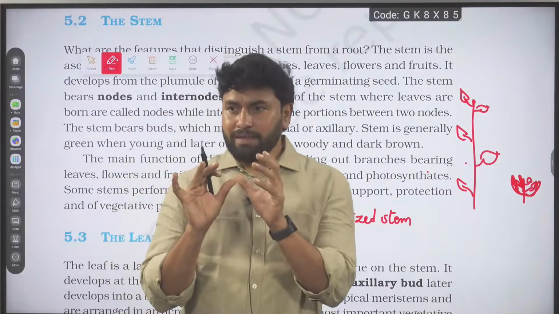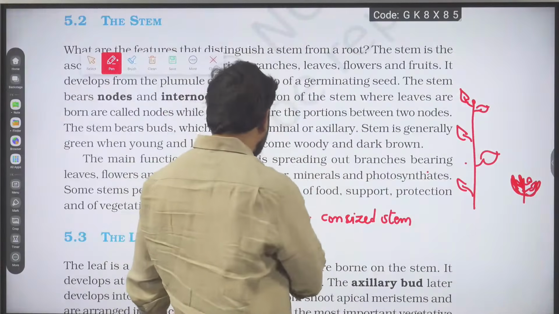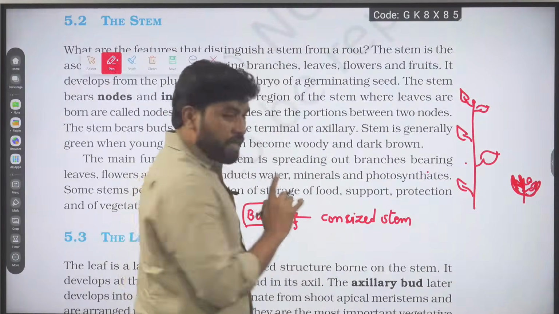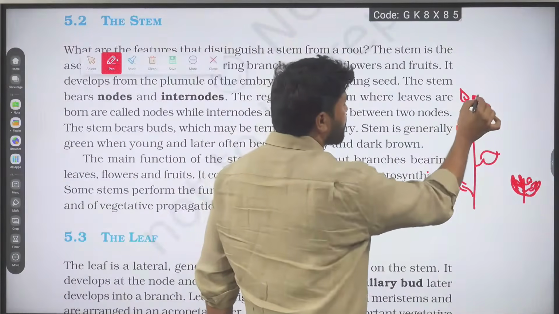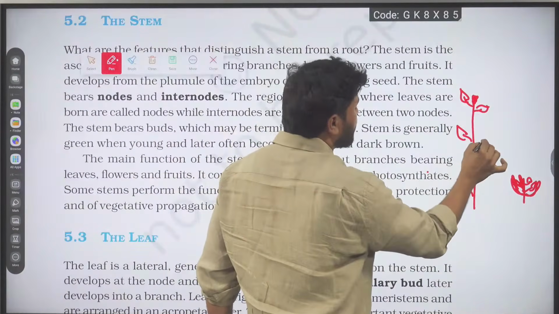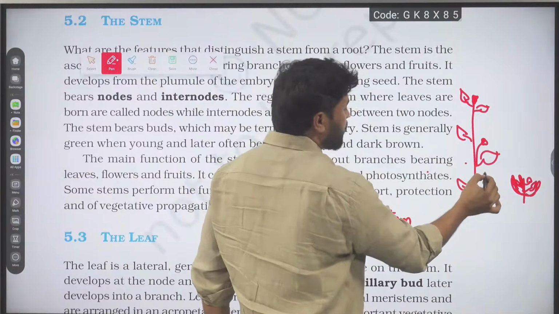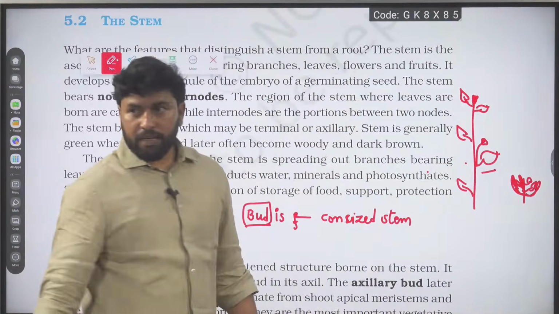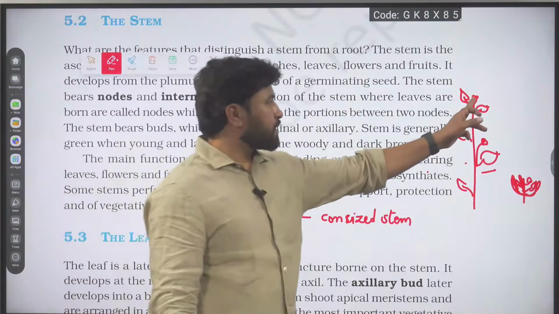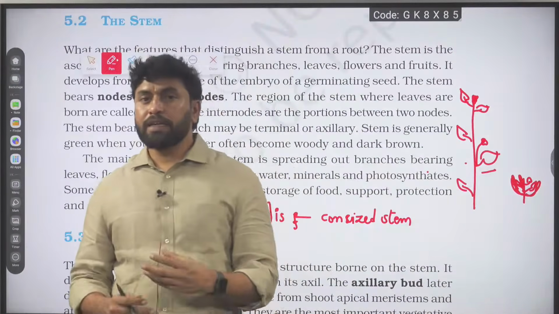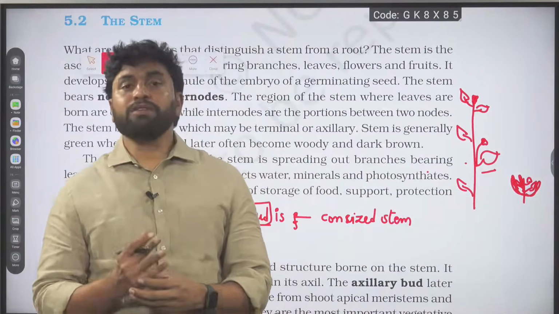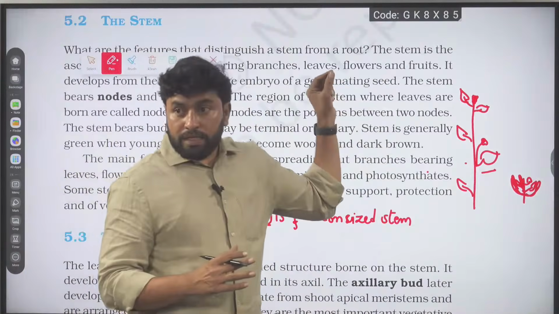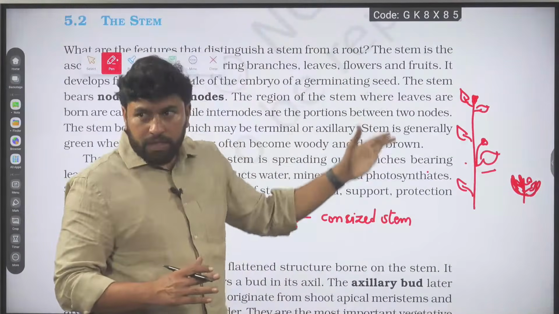That concised stem, we call it as bud. The bud will be present at the tip of the stem, or bud may be present in the axil of a leaf. If bud is present at the tip of the stem, we call it as terminal bud, and we also call it as apical bud, and also we will call it as stem tip. All these words are the same.